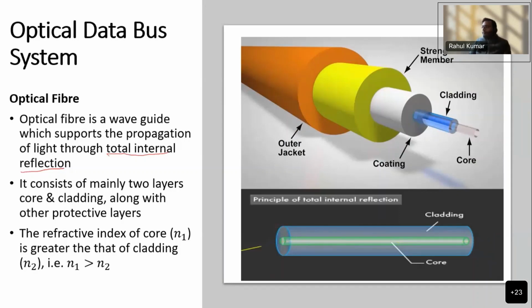Mainly this glass cylinder, or this optical fiber, has two important layers. Those are your core and cladding.